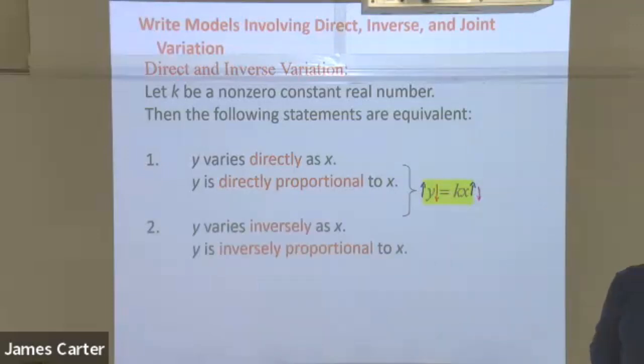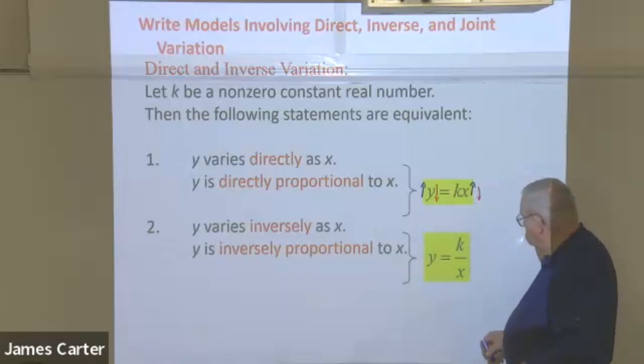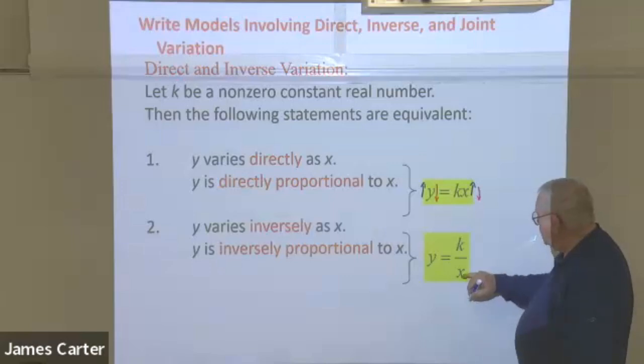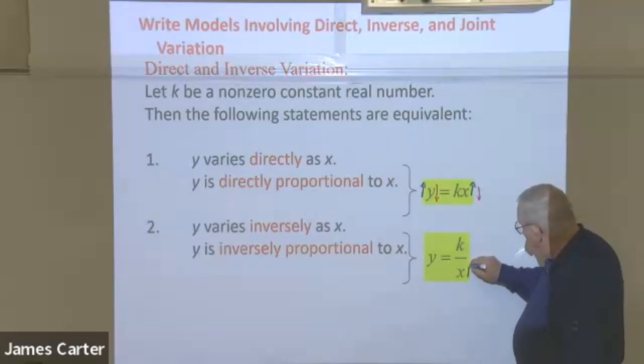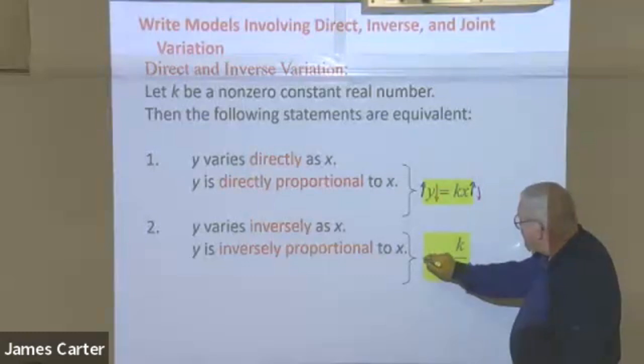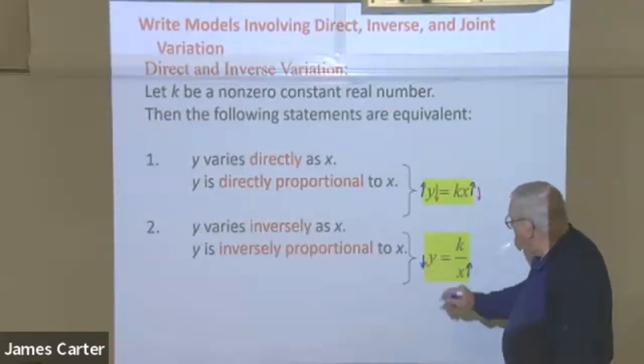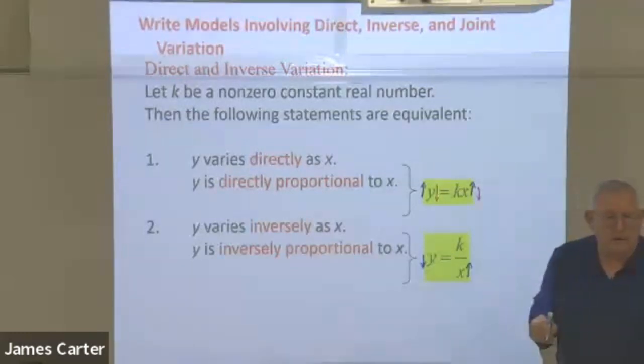Okay, and that's where that word proportional comes into this. Now let's talk about inverse variation, general form. Here are the two ways you could say that, and here is the general formula for that. In this case, if X were to be replaced with a bigger X, Y would go down.